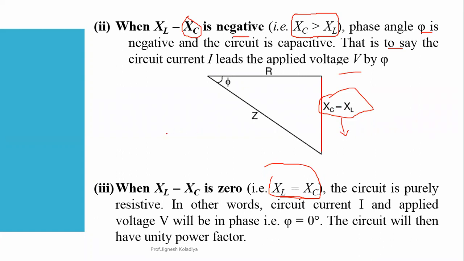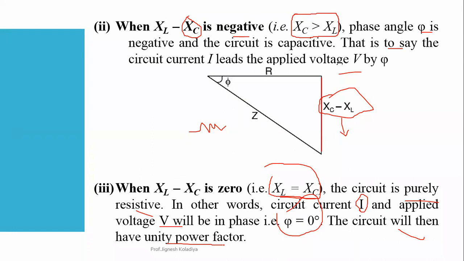That means now in my circuit, XL and XC both cancel out, so only resistance is there. Due to this, the circuit reduces to a purely resistive circuit. In other words, the circuit current I is in phase with the voltage and the angle phi is 0. This type of circuit has unity power factor.